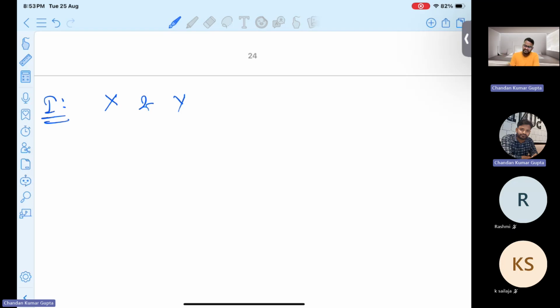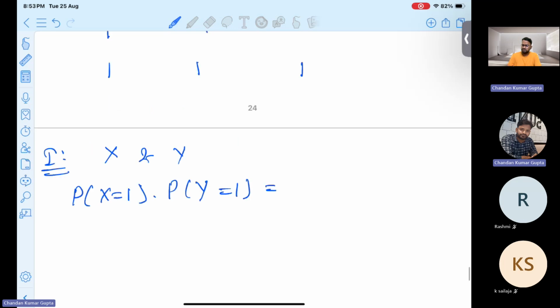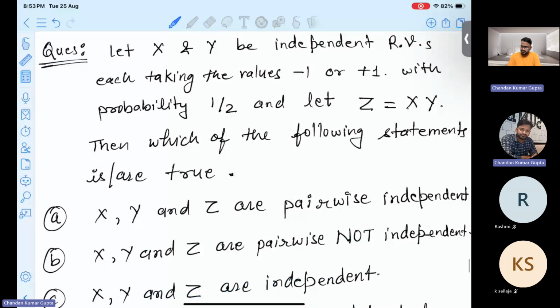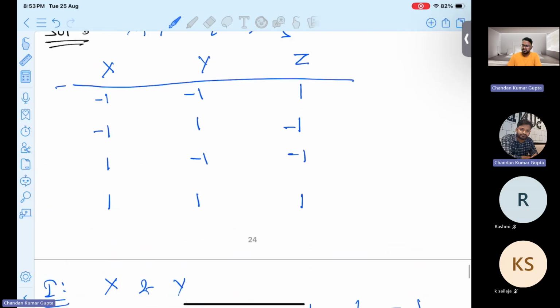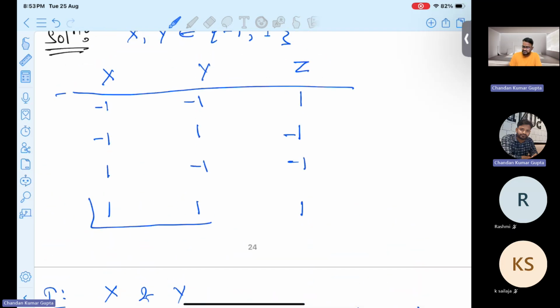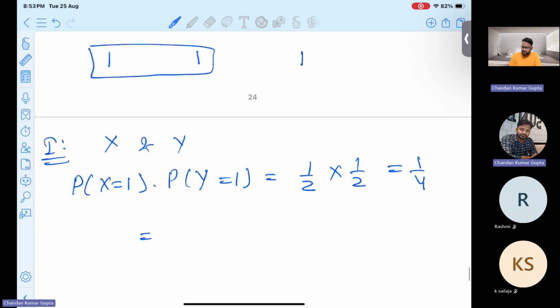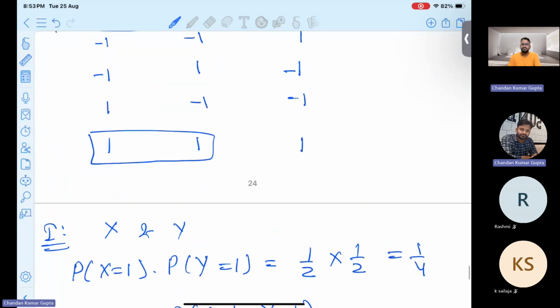You can take any value. What I am going to take is the probability that X is equal to 1 times the probability that Y is equal to 1. You can take -1, +1, any value. It is already given here that the probability is half. So half into half equals 1/4. And 1/4 is the probability that X is equal to 1 and Y equal to 1.